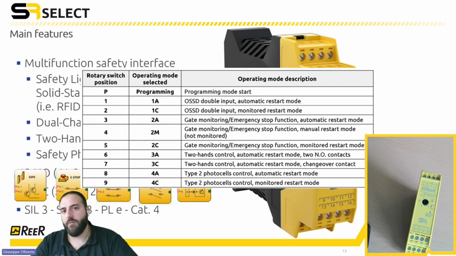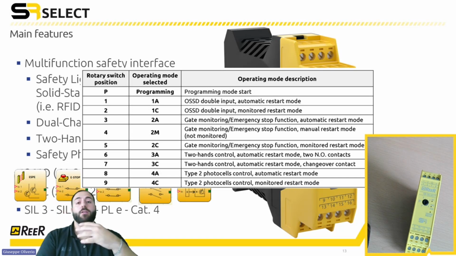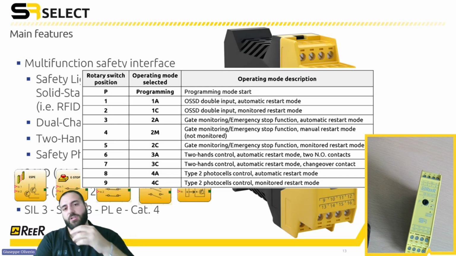So in case you have light curtains, RFIDs, Ilion or Ulisse that are our type 2 photocells, or any kind of two-hands control based on a changeover contact or a normally open contact, we can manage it by using only one code, not all at the same time, because the SR Select is a one-purpose interface, but multifunction.